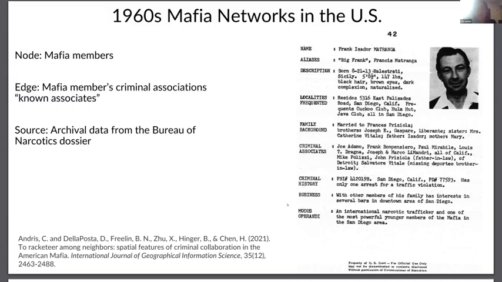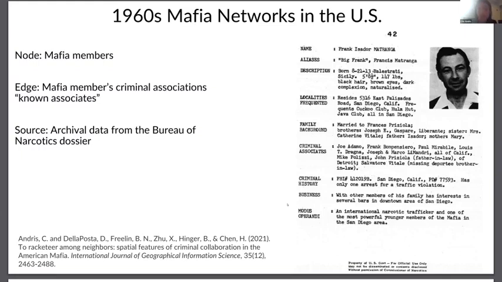Here's an example of one of the mafia members, from one of the dossiers. This is Big Frank. It says when he was born and where he resides, so it gives a home address for him. It also gives some locations like the Cuckoo Club, the Hula Hut, Java Club, etc. It talks about his family, and it also talks about his criminal associates.